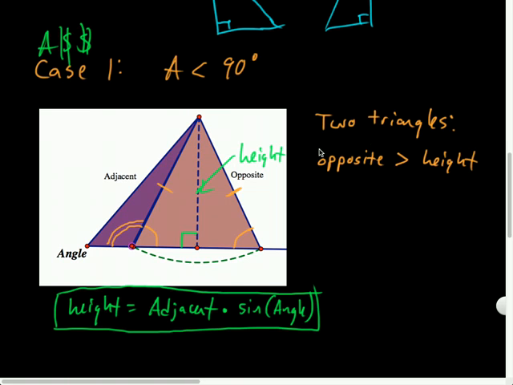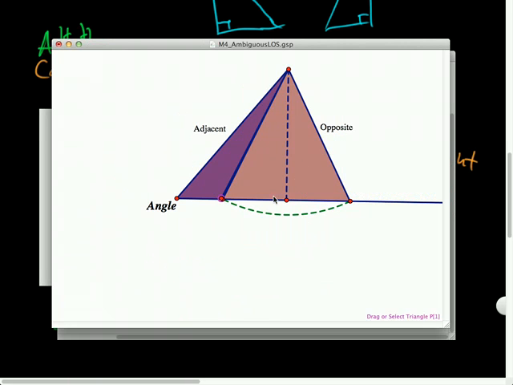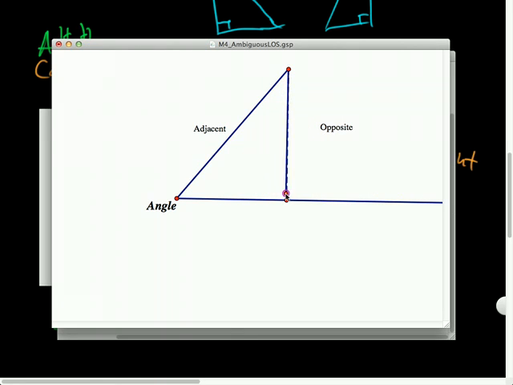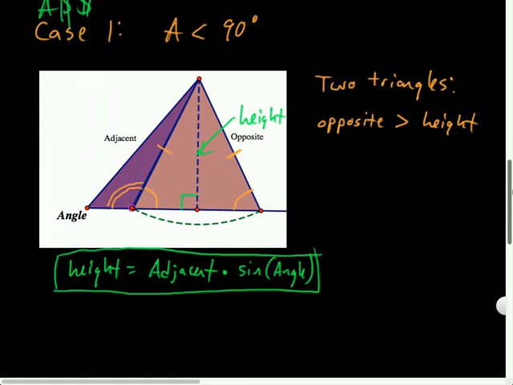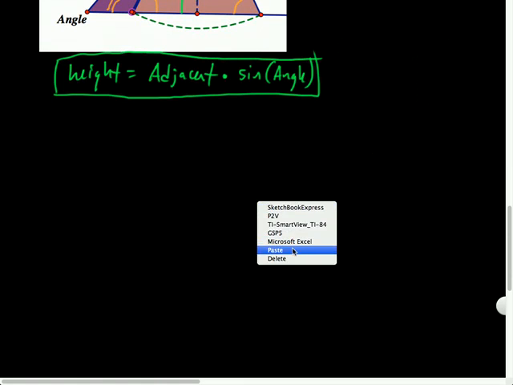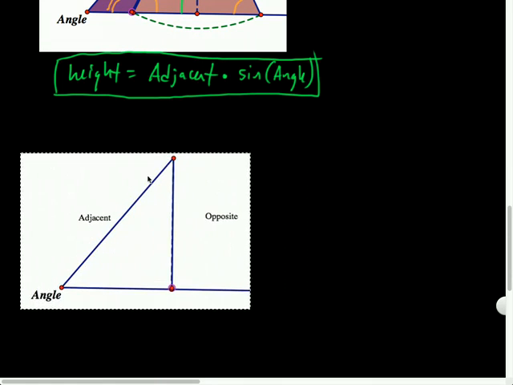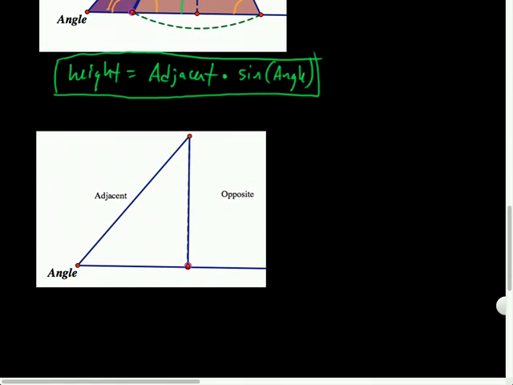All right? Let's grab a snapshot of the other one. So if it's equal to the height, I don't think it'll let me snap it to the right spot, so I'll just draw it like this. So there is one triangle, and in fact, I happen to know that it's a right triangle.